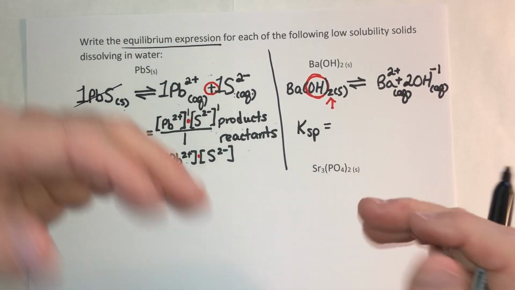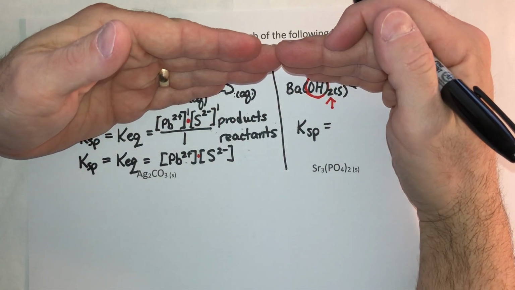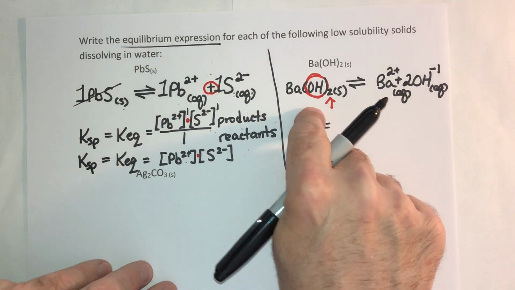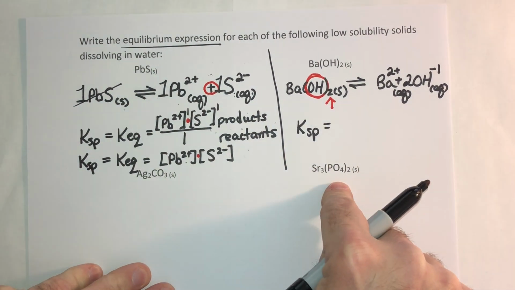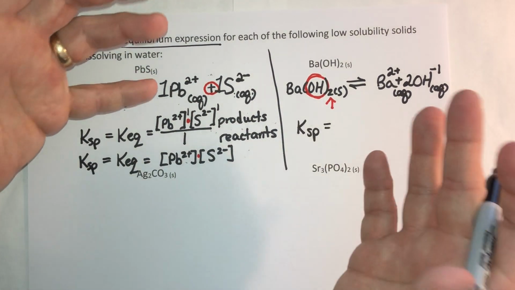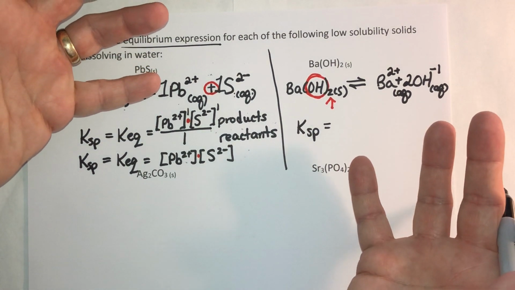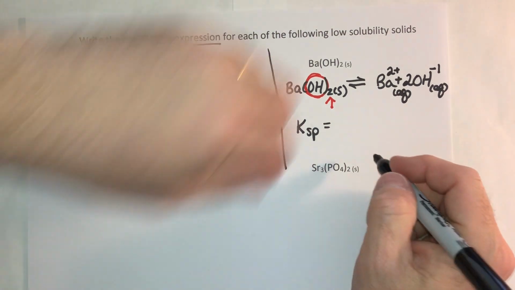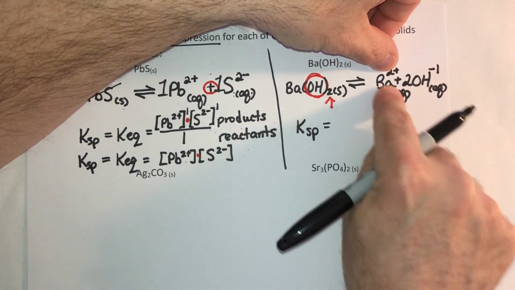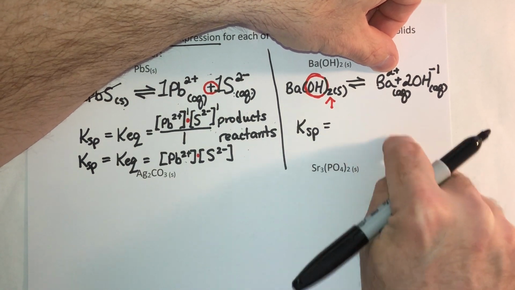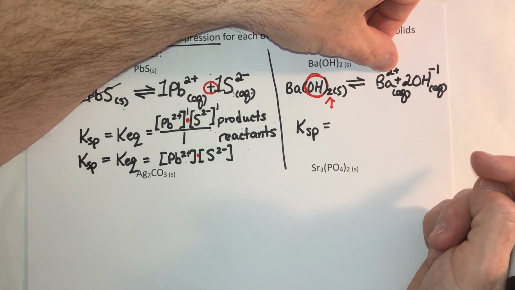Okay, so now let's see if we can streamline this a little bit. I know that I should be thinking products in the numerator and reactants in the denominator. But for every single one of these, my reactant is going to be a solid. That's the defining part of this problem. So I am never going to have a denominator, ever. So let's do my numerator, let's do my products, and I'm not even going to draw my line because I know there's going to be nothing in my denominator.